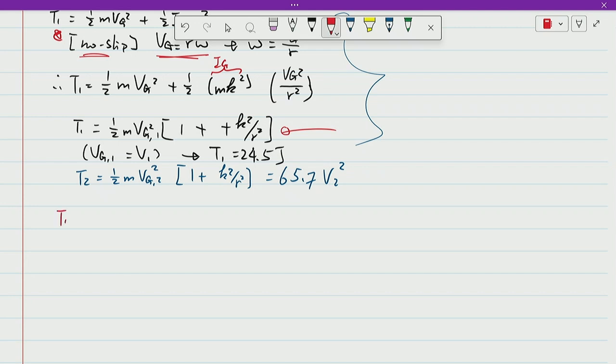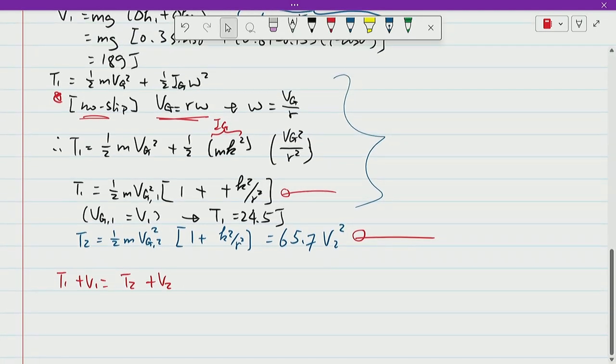Finally, we can put everything into our energy equation. Questions on T1, T2? Yep. How did I come up with V2 for T2? Yeah, so it's the same thing as what we did for T1.